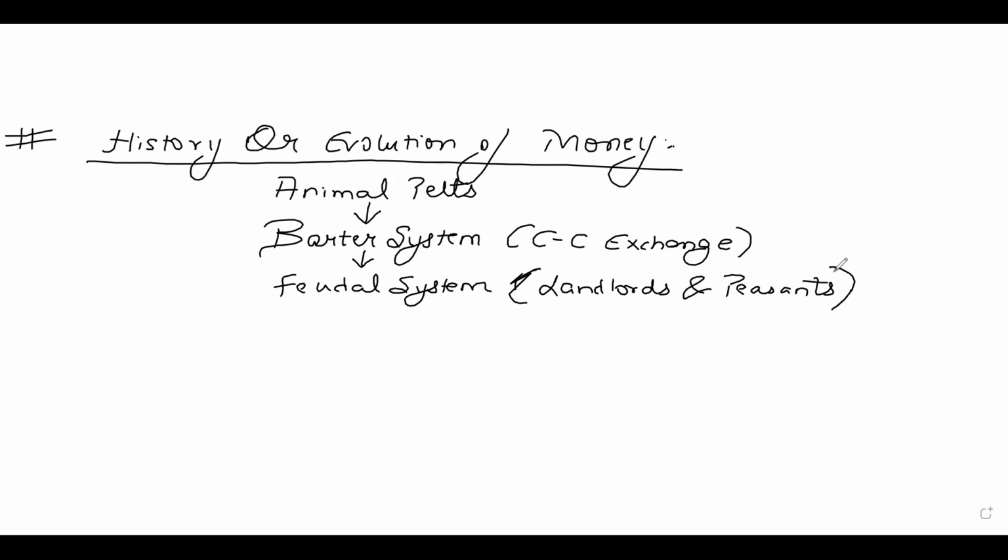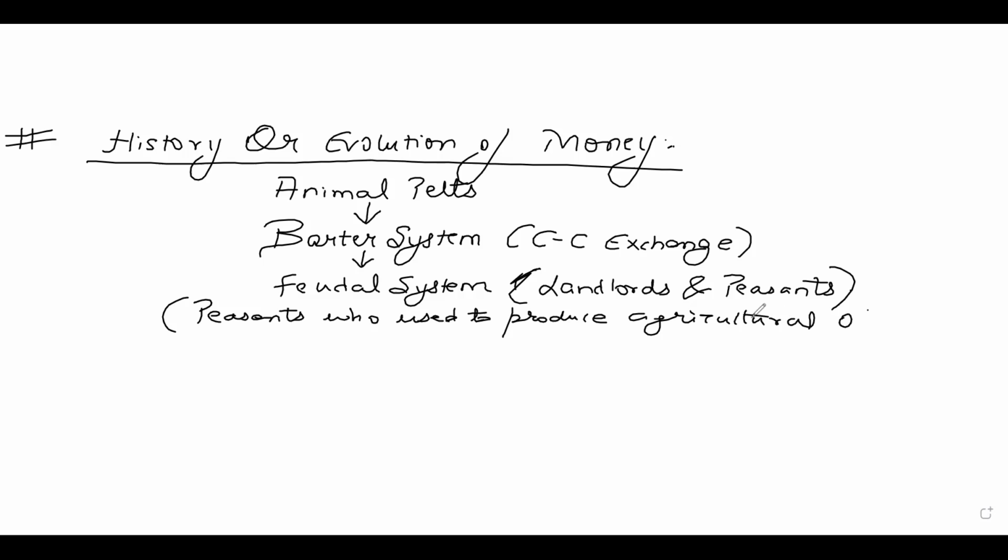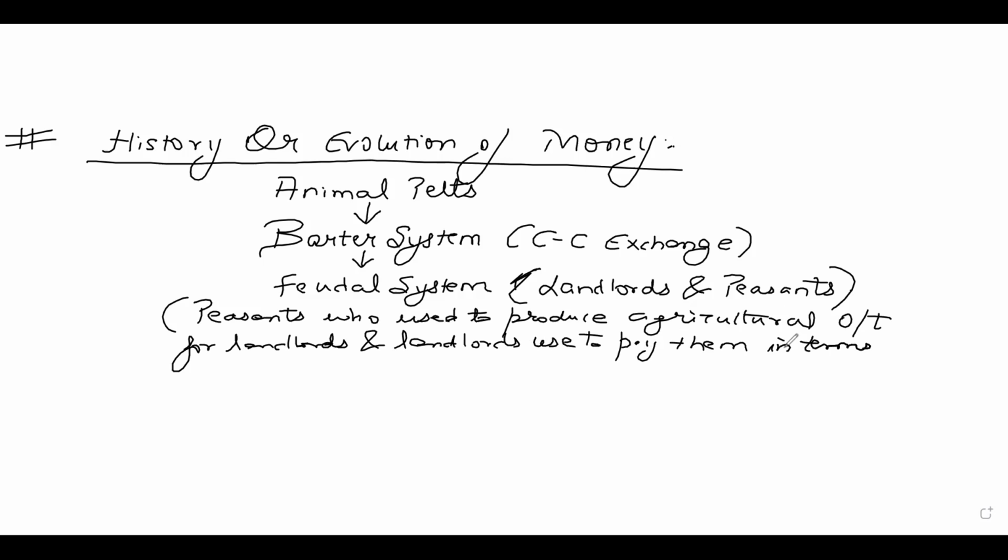In the feudal system, we had peasants who used to produce agricultural output for the landlords, and the landlords used to pay them in terms of food grains. So again, there was no money till this time.